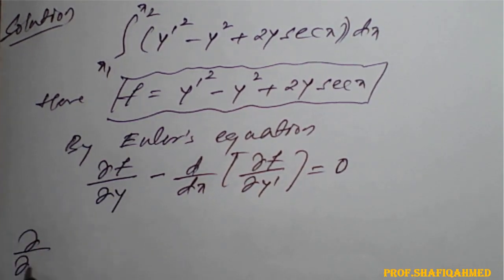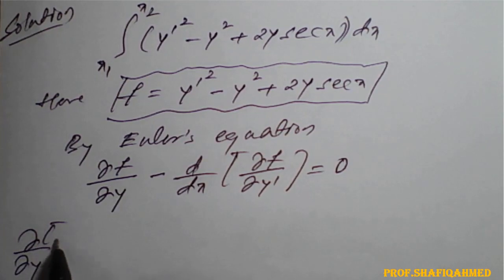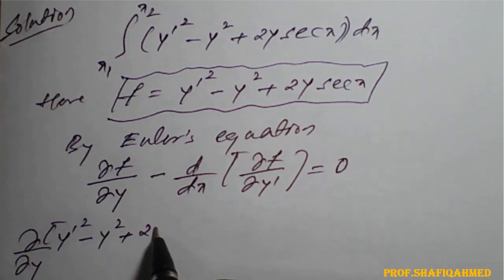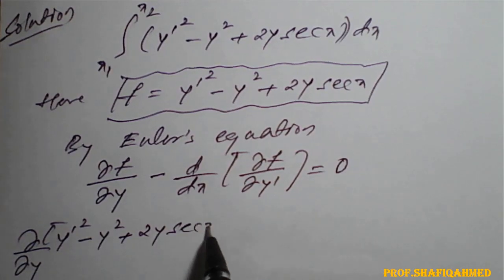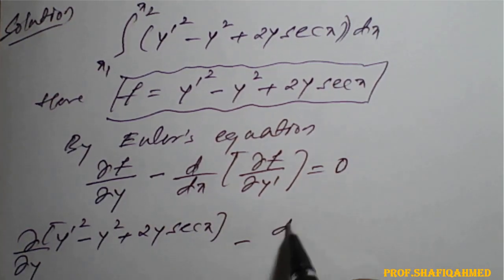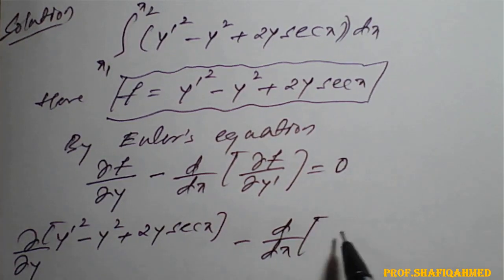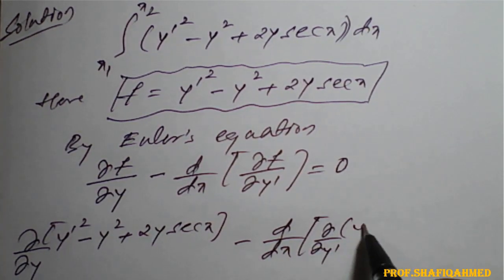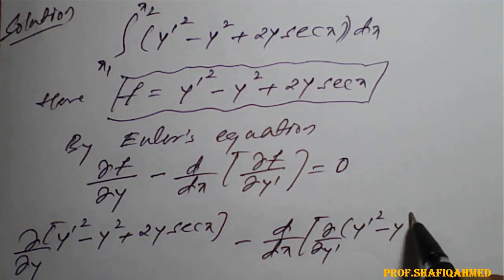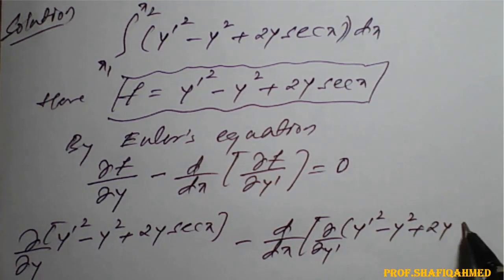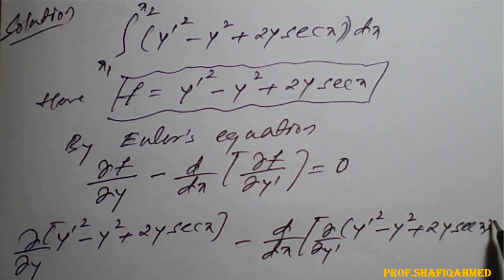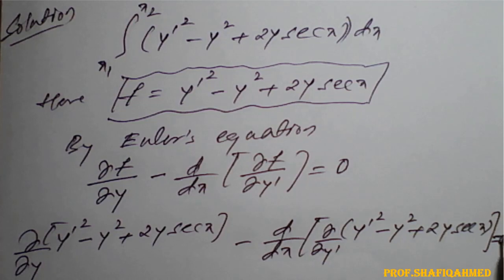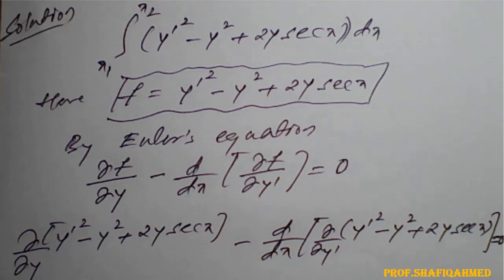So it is dou by dou y of (y dash square minus y square plus 2y into secant of x) minus d by dx of dou by dou y dash of (y dash square minus y square plus 2y into secant of x) equal to 0, as per the differential equation.